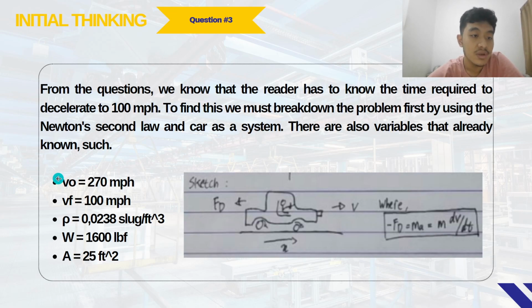The initial velocity V0 is 270 miles per hour, and the target velocity is 100 miles per hour. Rho is about 0.0238 slug divided by feet cubed, the weight of the dragster is about 1,600 pounds, and A is 25 feet square.